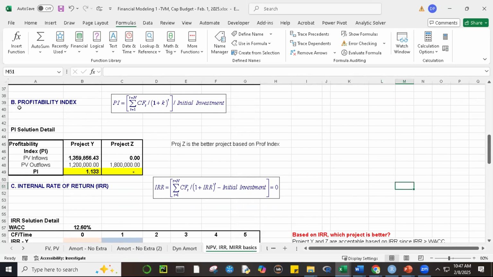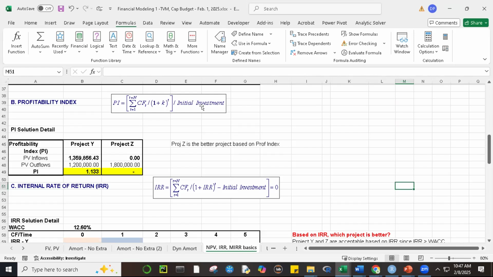So the profitability index. Okay, so take a look at the profitability index. So here, take a look at the formula. You have the cash flows, discounted cash flows, 1 plus K over T. So it's summing up your cash flows and then divided by the initial investment.